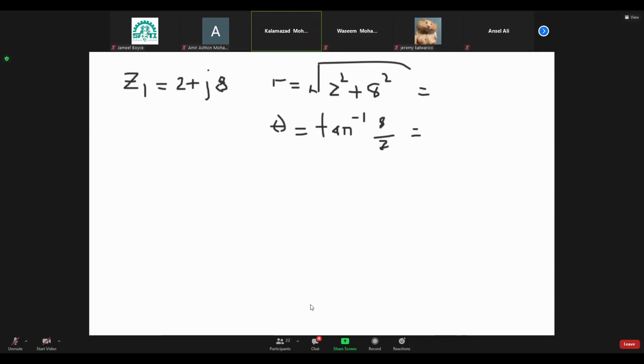All right, which is equal to square root of 68, so that's 8.25, and 76 degrees.